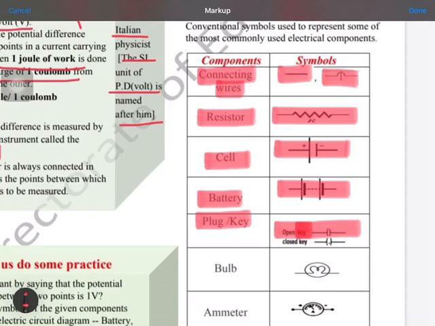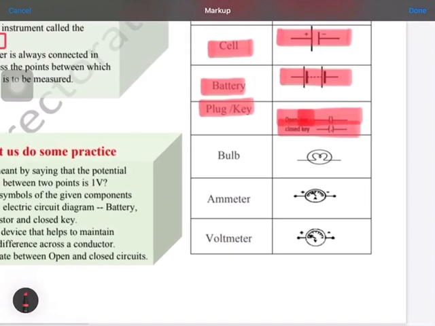When the bracket and dot is there, it is called a closed key. Bulb: an M-like entangled wire along with the circle. Ammeter has A written and a needle inside it. Voltmeter has V written, and needle, positive and negative.